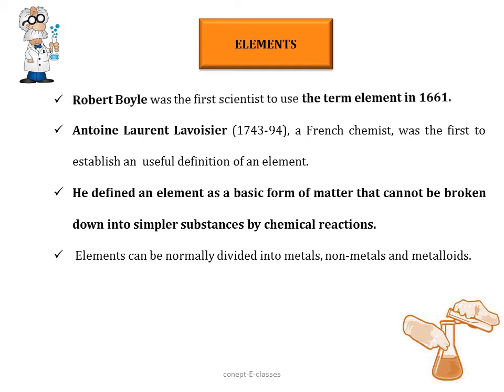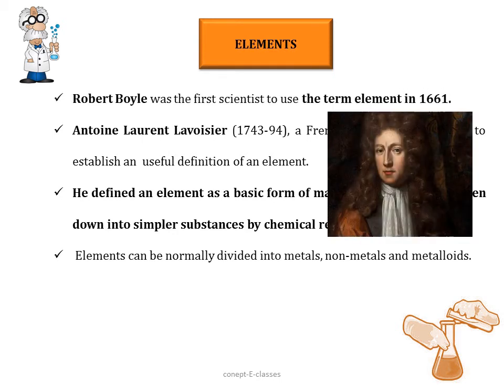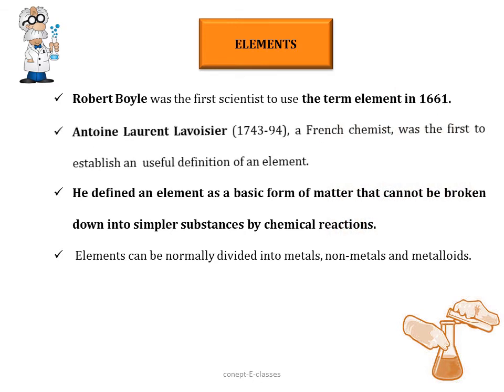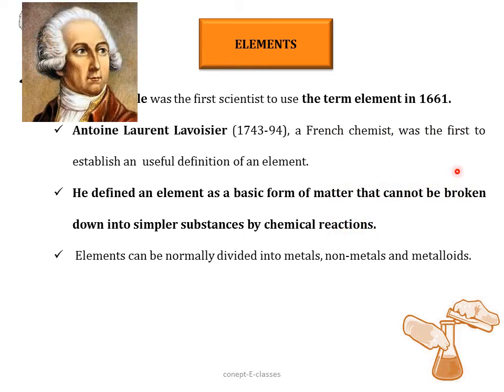Robert Boyle was the first scientist to use the term element, in 1661. Later Antoine Laurent Lavoisier, a French chemist, was the first to establish a useful definition of an element.